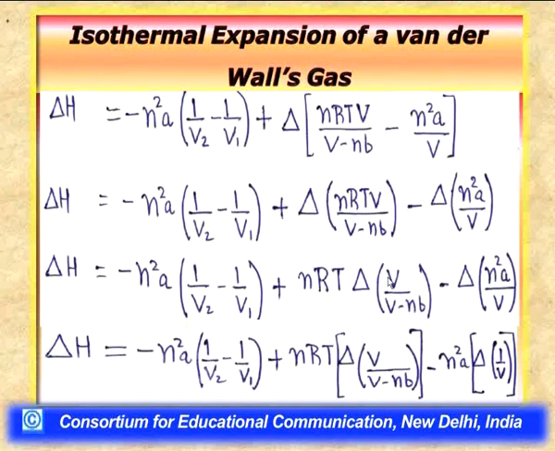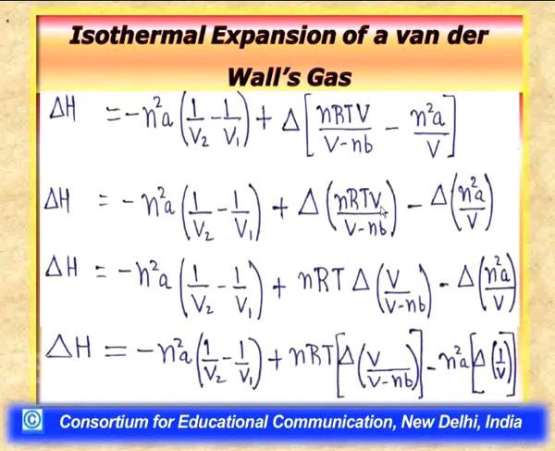So these are the two terms taken separately, and then minus n square A into 1 by V2 minus 1 by V1 plus nRT. Now, this n is constant, R is constant, and temperature is constant under isothermal condition.